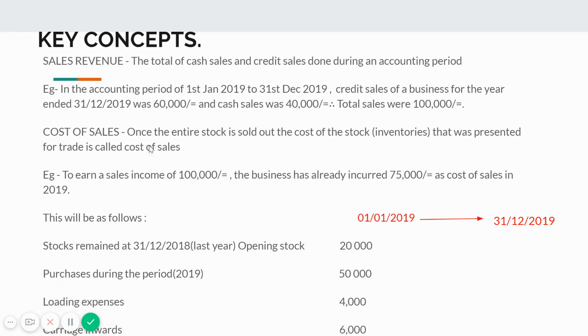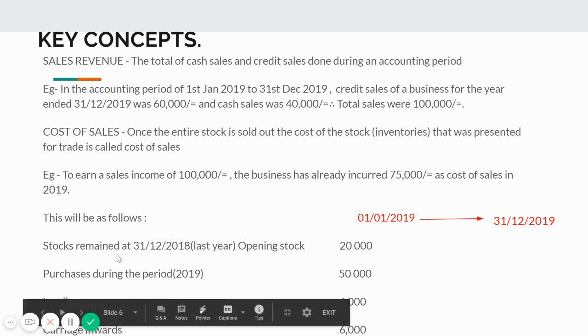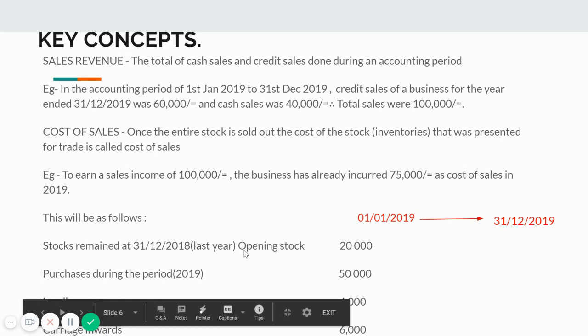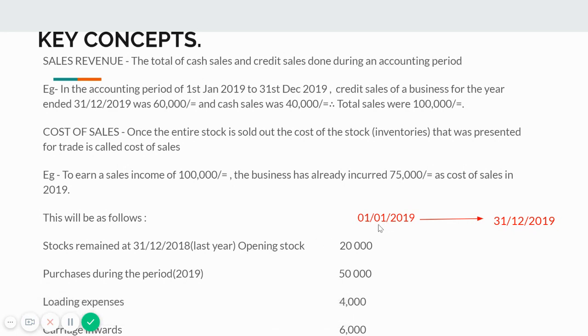So I know this is new to you. Stocks remain at 31st December 2018, which means the previous accounting period or last year. How does it become the opening stock of this year? We'll look into that matter like this. Our accounting period starts from 1st January 2019 and it will end after 12 months on 31st December 2019.